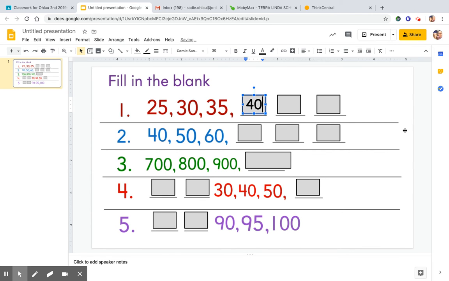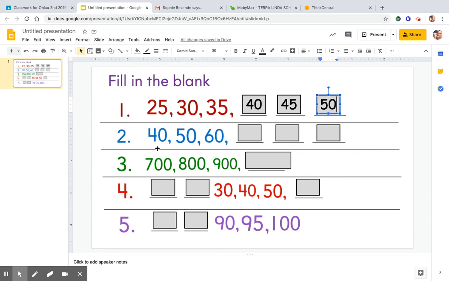That would be 40. If I add 5 more again, that's 45, and if I add 5 more again, that's 50. So we did not start with 5 here to skip count. We started at 25: 25, 30, 35, 40, 45, 50. So we don't always have to start on 5 or 10 or 100.